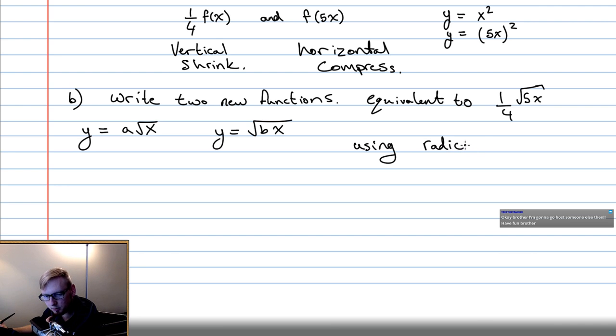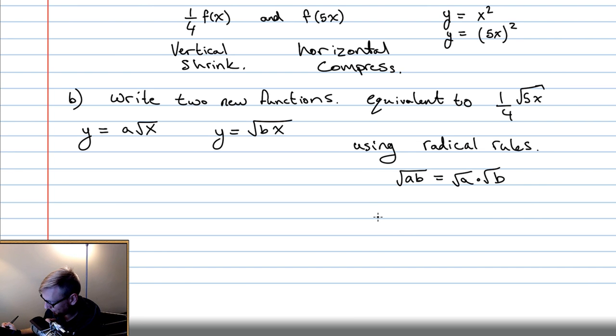Radical, dude. You know those? Radical rules. So the square root of AB equals the square root of A times the square root of B. And that's it. So we've got 1/4 root 5x.